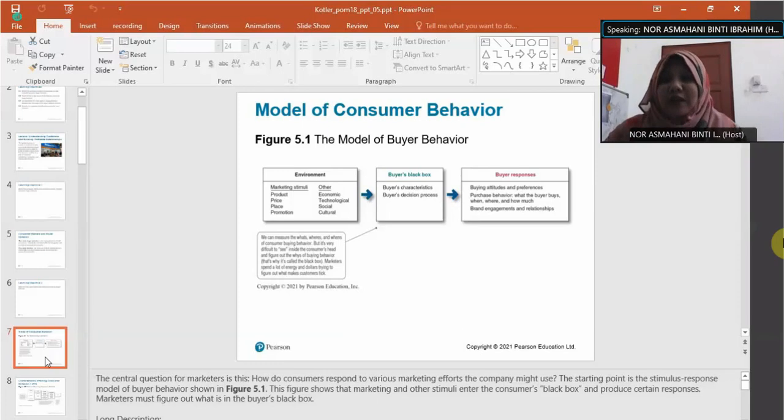Dia adalah your own personality, how you gather the information, how you react, your characteristics yang menentukan whether you want to get a product or not, and then you respond to it.